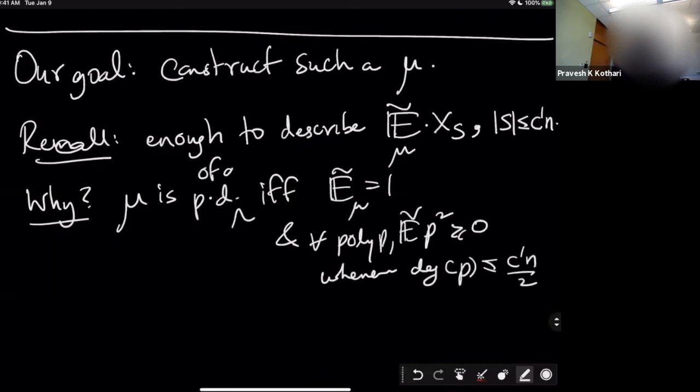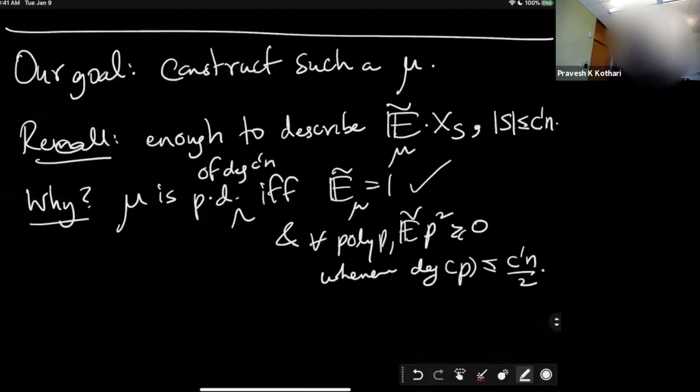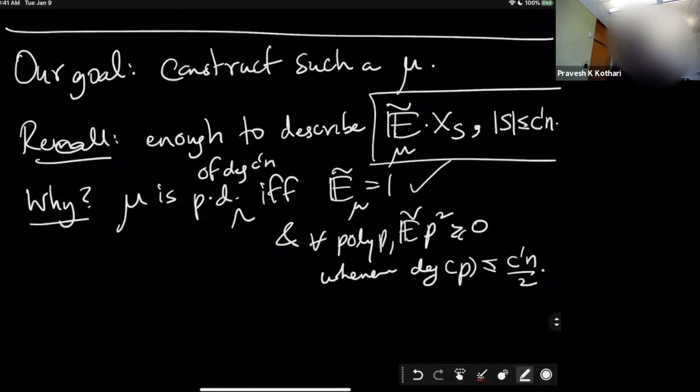So the only two properties I need to check are, first, usually easy, and second, that the pseudo expectation of all squares of at most C prime n over 2 degree polynomials should be non-negative. This is a fact only about degree at most C prime n polynomials, so it's enough to describe only what happens to C prime n degree monomials. I don't even care what happens beyond it. You're all with me when I say it's enough to describe these numbers. Very good.